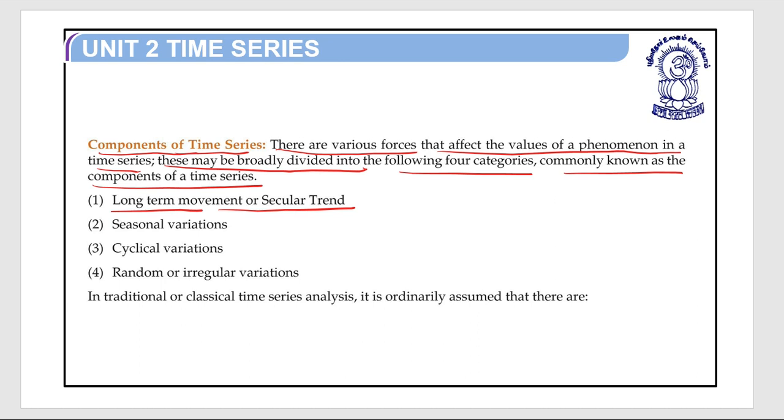Second is seasonal variations. Third is cyclical variations. Fourth is random or irregular variations.